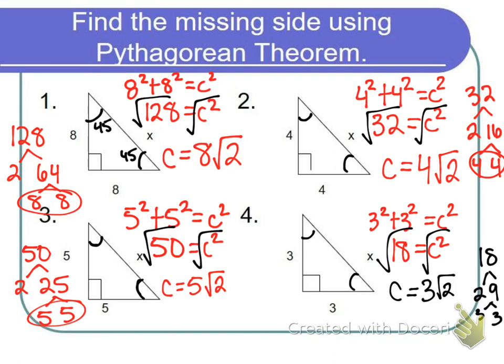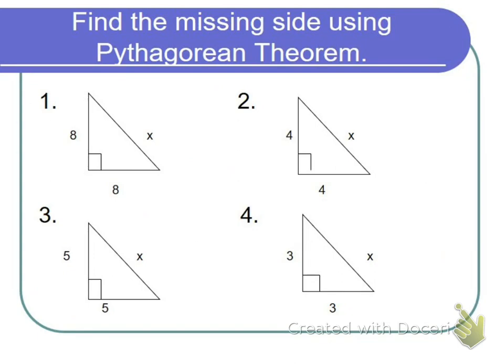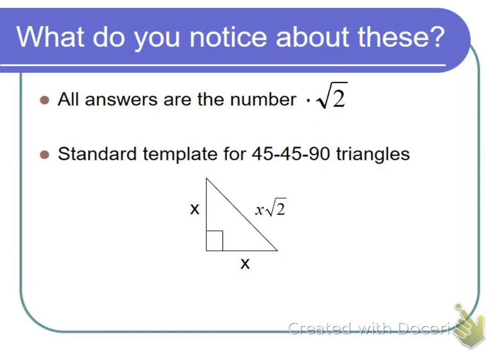Okay, if we know all of that, let's get to the slide with our notes on it for today. Okay, so you will notice that all of the answers from the last slide were the number times the square root of 2. That was our pattern. So the standard template for a 45, 45, 90 triangle is that we have two sides that are the same, so they've labeled them here X and X, and that the hypotenuse, the longest side, is X times the square root of 2.